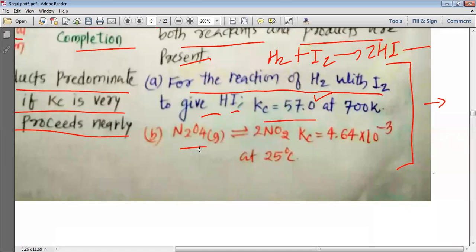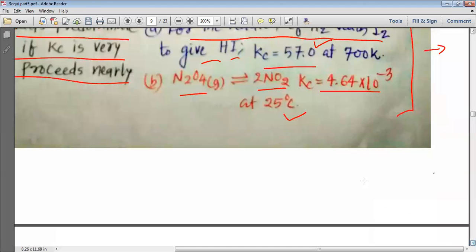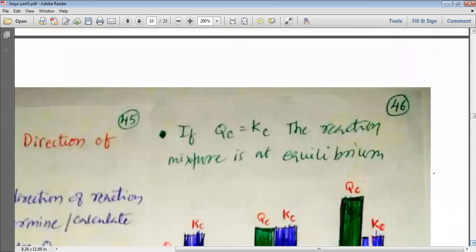In the same way, when N2O4 decomposes to give 2NO2, the Kc is 4.64 into 10 to the power minus 3 at 25 degrees centigrade, and this is how we can say that at equilibrium the concentrations of both the reactants and products are available in considerable amounts.